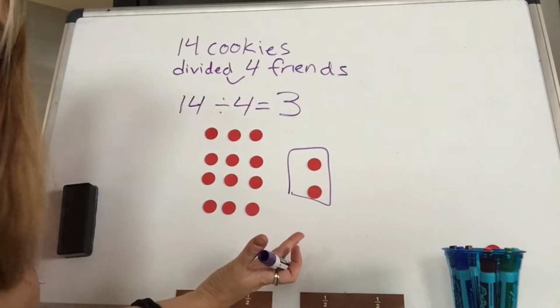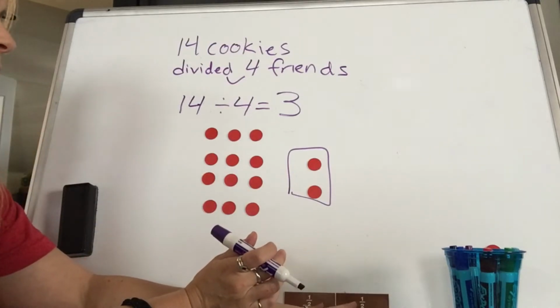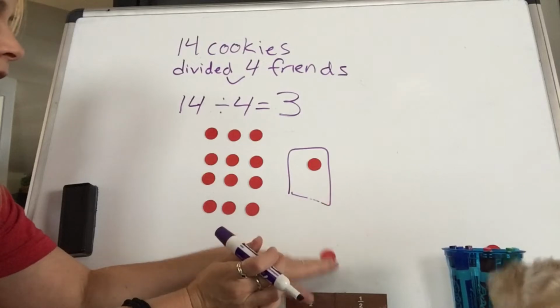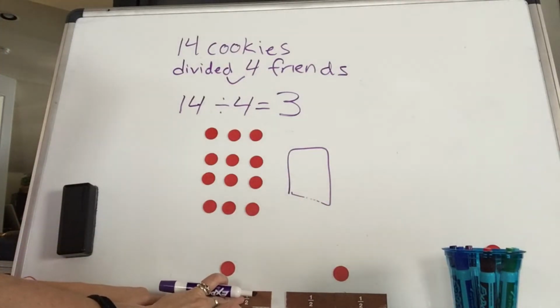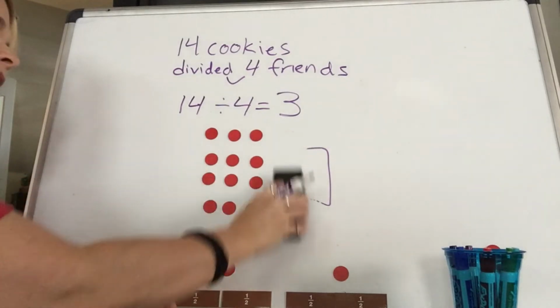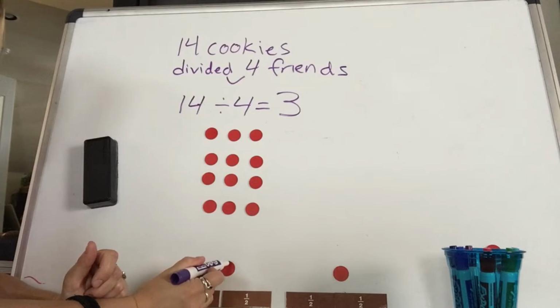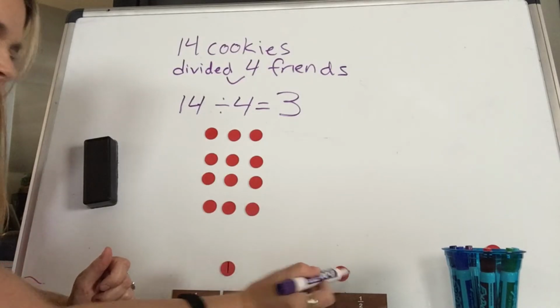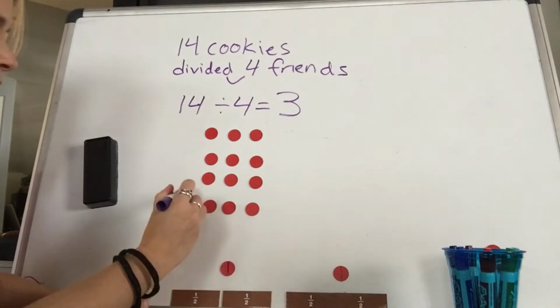I know from my fractions unit that each one of these cookies I could break in half. Could I not take each one of these cookies? These half markers down here are not magnets, so I can't move them up for you. But is it fair to say that I could break each of these cookies in half right down the center like this, and I could give a piece to each one, and that would work with my 4 groups, wouldn't it?